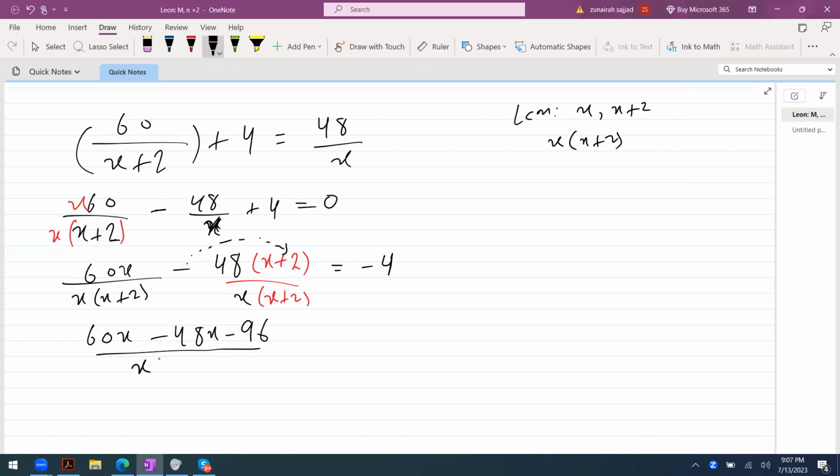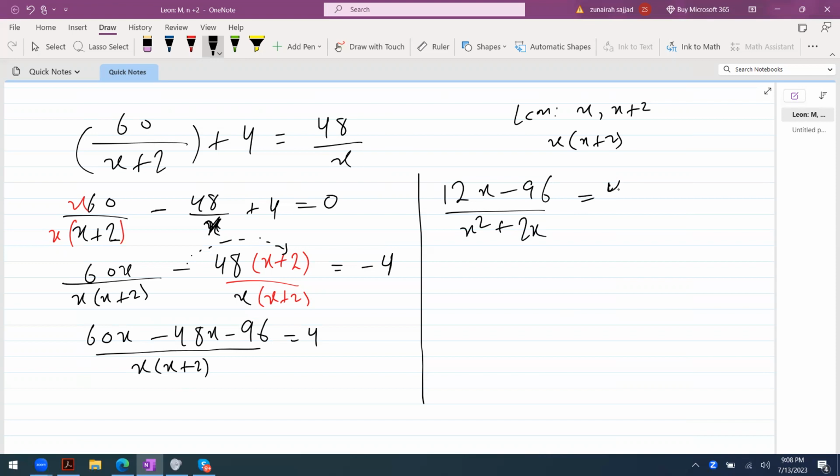Divided by x into x plus 2 is equal to 4. This is 60 minus 48, 12x minus 96 over, you can expand it now, x squared plus 2x is equal to 4.